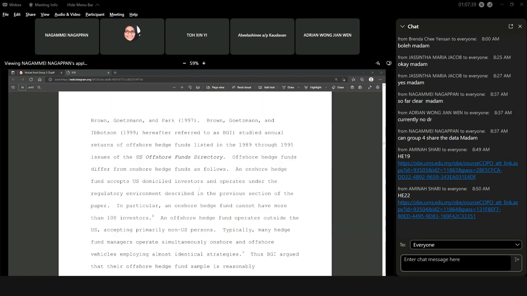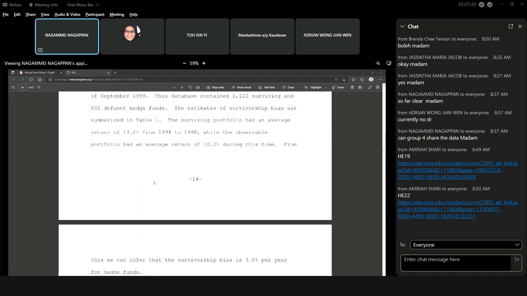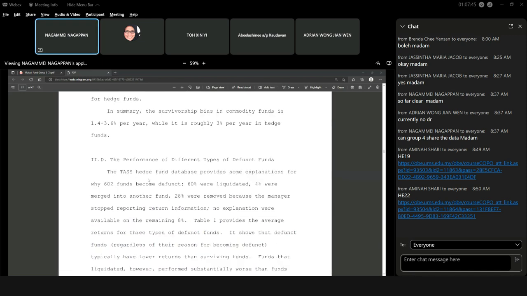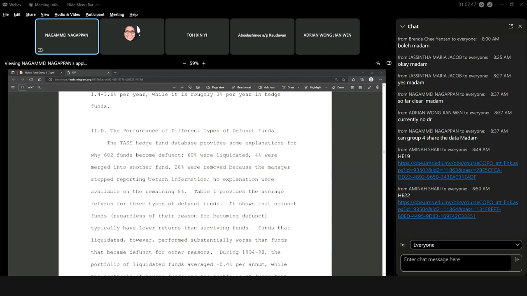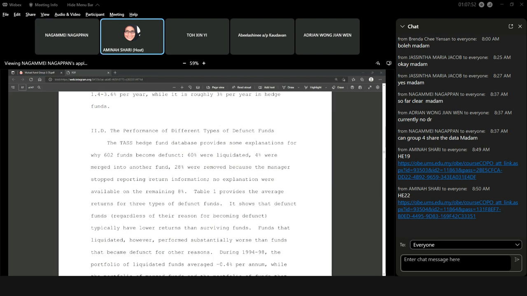Madam, this one is also almost the same, madam. They didn't provide the methodology separately. Okay, maksudnya Nagame, you punya searching on artikel tu masih lemah lagi.